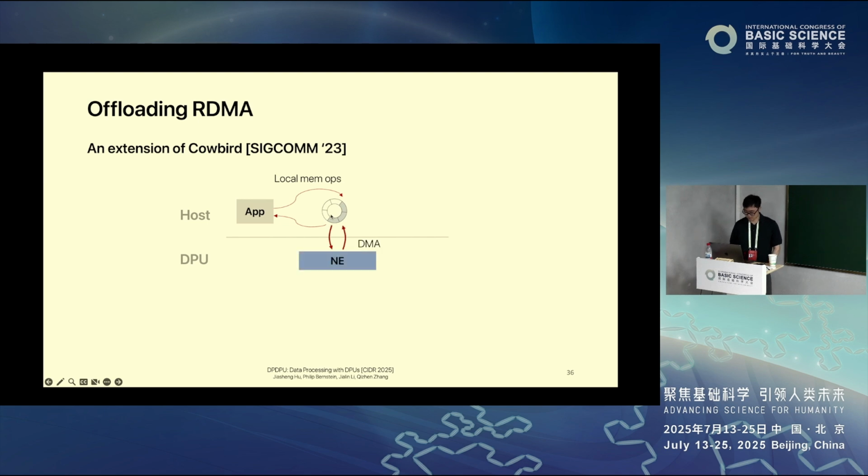And on the DPU, we have a network engine that will poll from this data structure with DMA, and if there are requests, we just execute these RDMA operations on the DPU to access the remote machine memory. So as you can see, the RDMA protocol will be executed by the DPU, not on the host, and the host will only do local memory operations, which are super efficient.